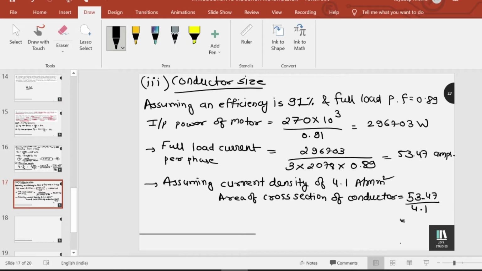So we will get the area of cross section as 13.04 mm square.